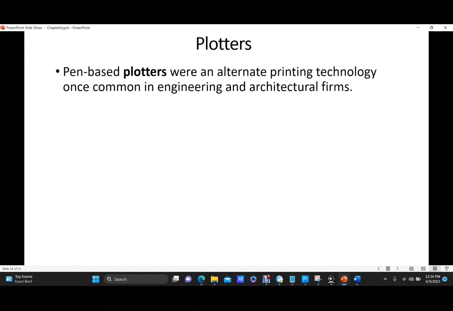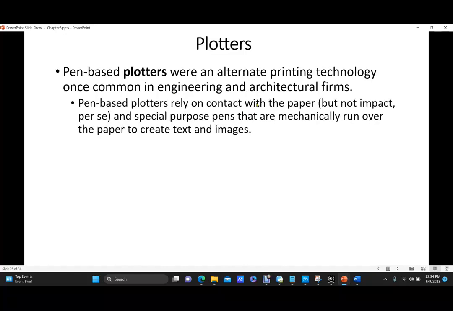Pen-based plotters were a printing technology that was very common in engineering and architectural firms. Pen-based plotters draw on the paper. They don't bang against the paper.